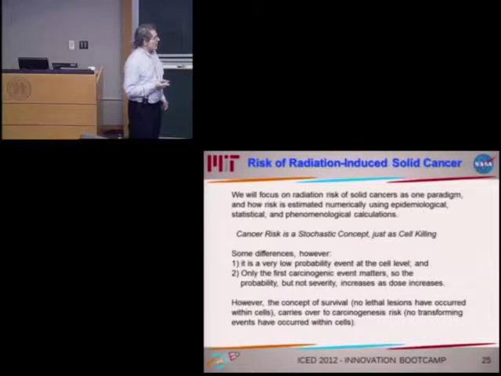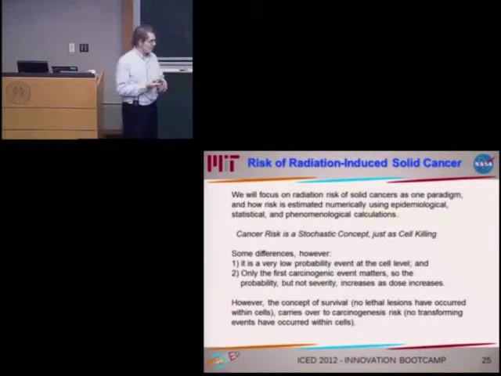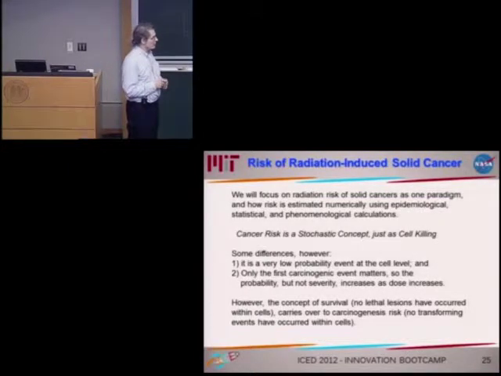To remind you, cancer risk is a stochastic concept, just as is cell killing. But there are some very important differences. In the case of cancer risk, there's a very low probability event at the cell level. For every hit cell, the possibility of it becoming carcinogenic is quite remote compared to if you hit the same cell with a moderate dose of radiation and ask about killing. And in carcinogenesis, it's going to be the first event that matters.